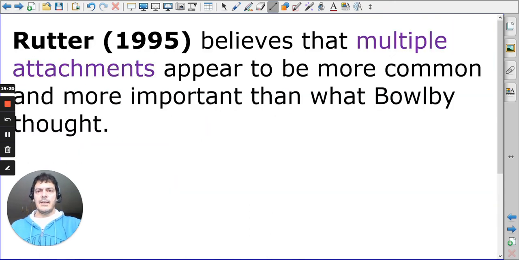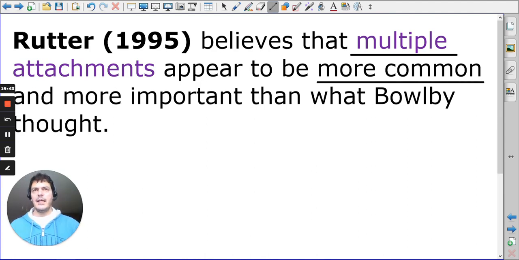So we see Rutter, who talks about multiple attachments, and he's saying that this is more common, and that babies aren't cared for in a vacuum. They don't just have mother. Now, this could be different for your personal circumstances. You might have a single carer.